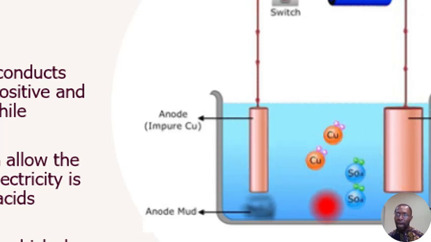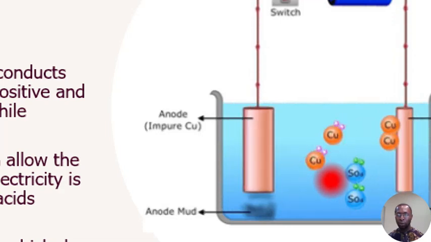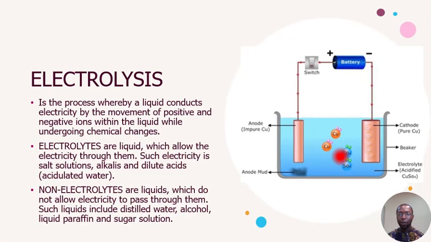So these ions moving about is as a result of what? Electrolysis. Now, electrolytes are liquids that can conduct electricity, while non-electrolytes are liquids that cannot conduct electricity. Examples of non-electrolytes are distilled water, alcohol, sugar solution, and liquid paraffin.